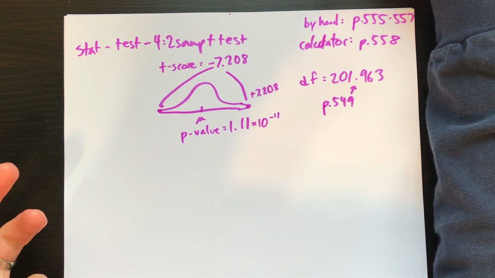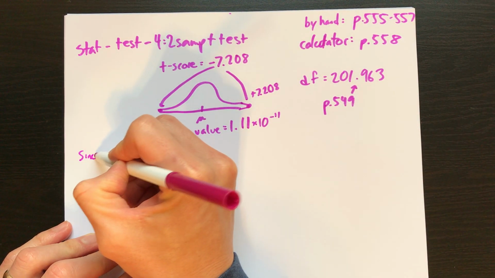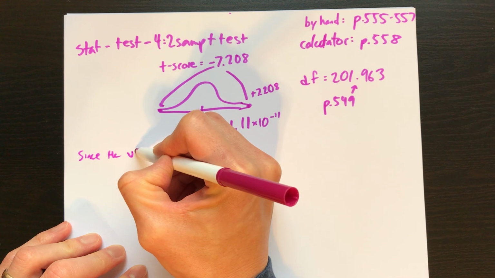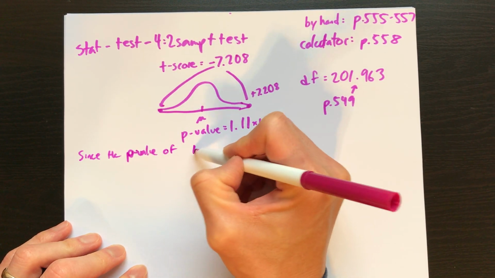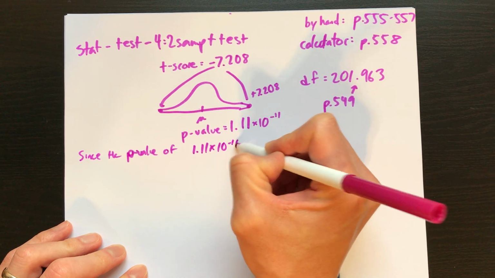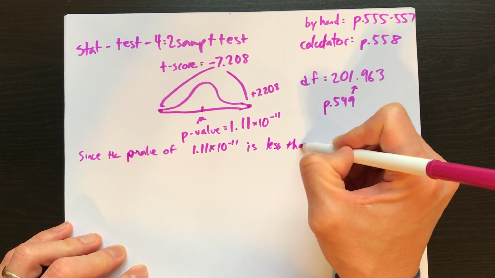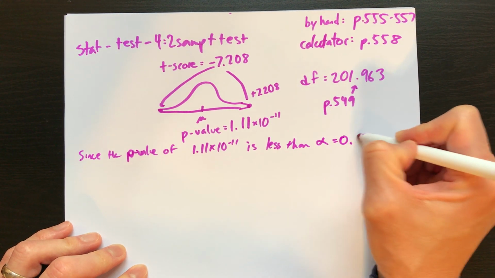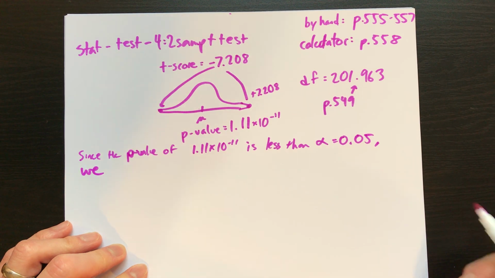We need to now answer our conclusion. So since the p-value of 1.11 times 10 to the negative 11 is way less than the alpha of 0.05. Class, what do we do? Are we rejecting or are we failing to reject?